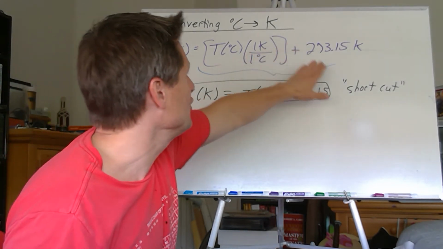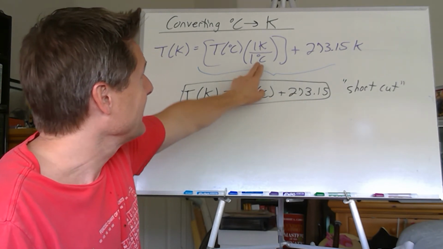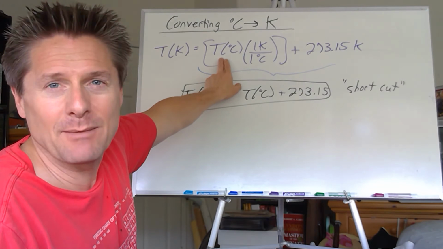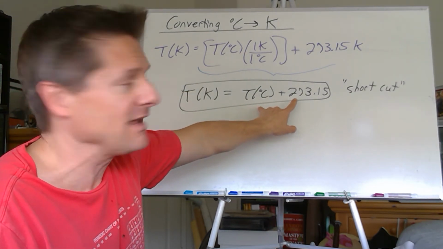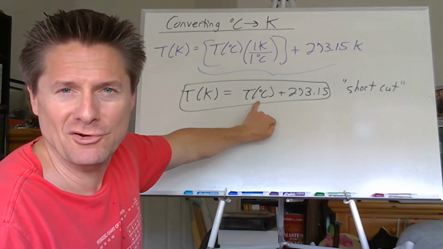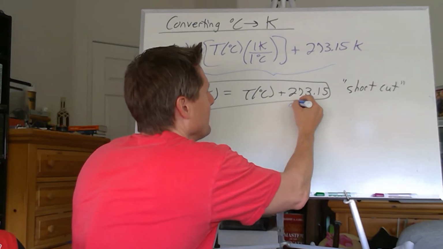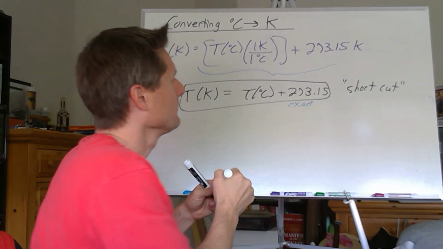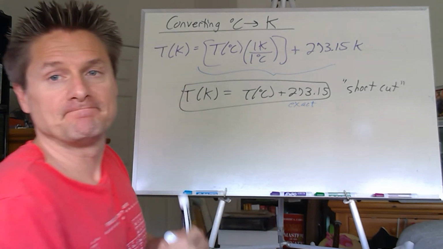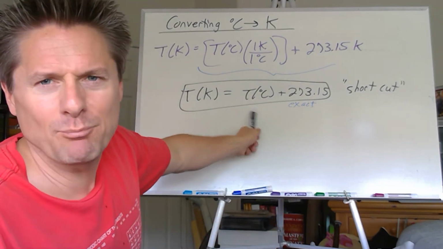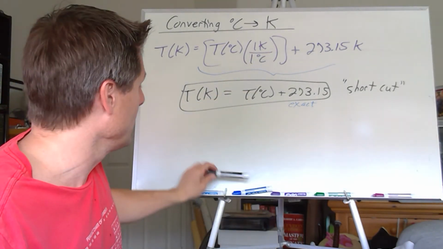So technically we should do it in 2 steps, but most people just take the temperature in degrees Celsius, because that's exact. You're limited to the same sig figs you're starting with, and when you're adding, you're limited by decimal places. So really all you're doing is taking that temperature in degrees Celsius and adding 273.15, which is exact. This is what you should do, but this is what everybody else does.